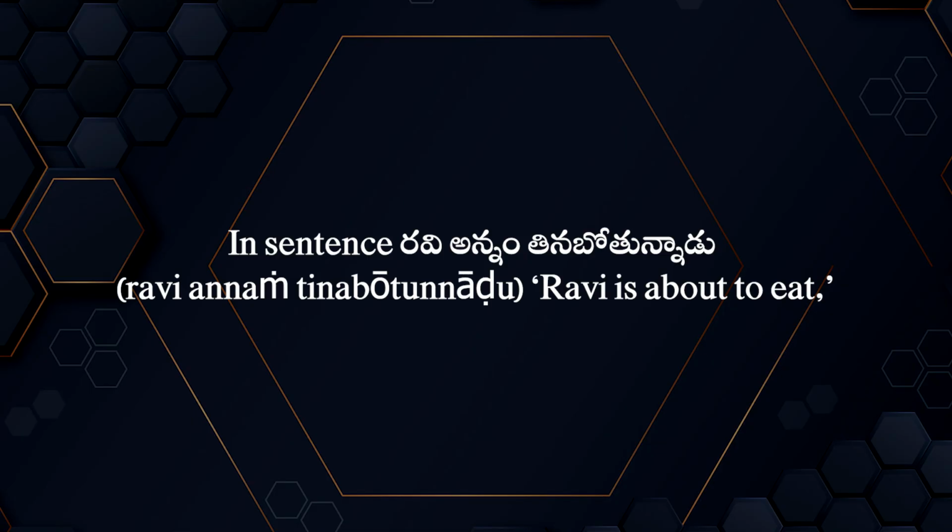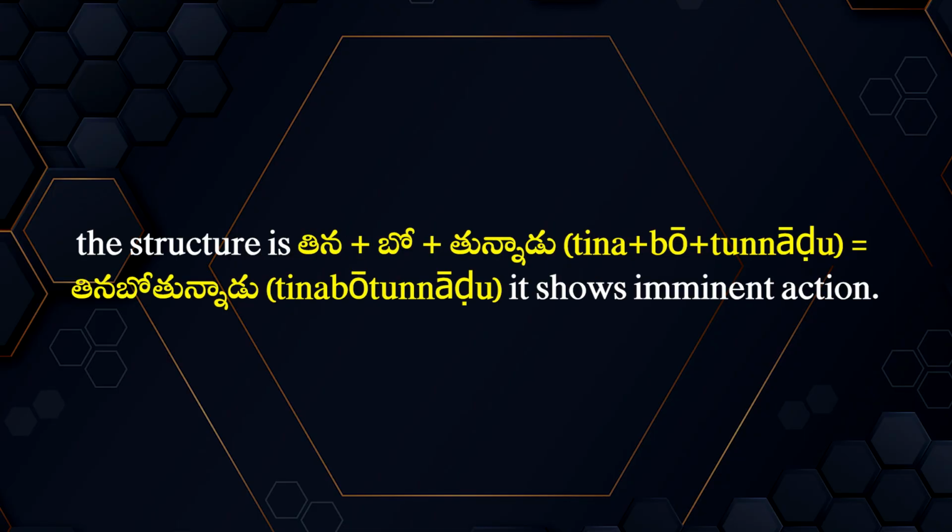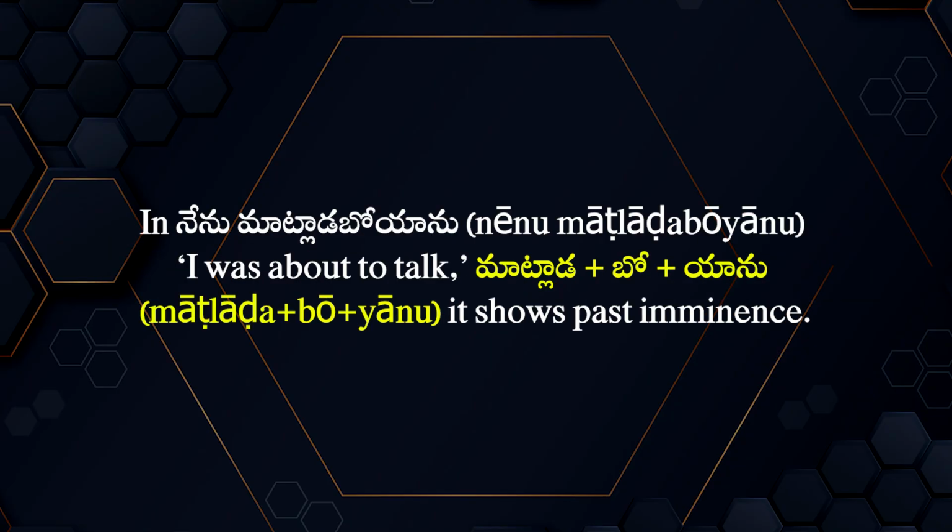In a sentence, Ravi annam tinabotunnadu. Ravi is about to eat. The structure is tina plus bo plus tunnadu. Tinabotunnadu. It shows imminent action. Next example is నేను మాట్లాడబోయాను. I was about to talk.